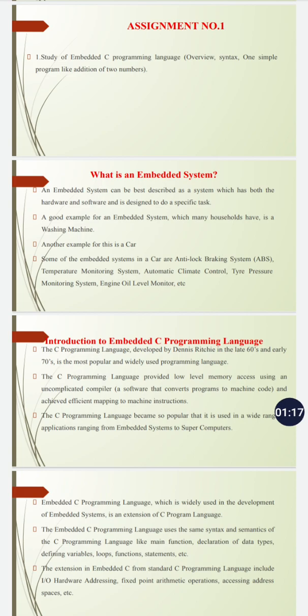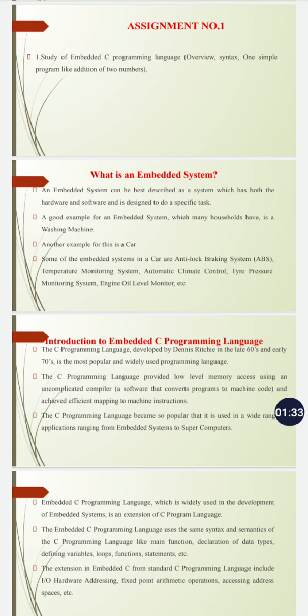To write the program of an embedded system, we generally use one separate programming language, and that language is called the embedded C programming language. Embedded C is not a new programming language.